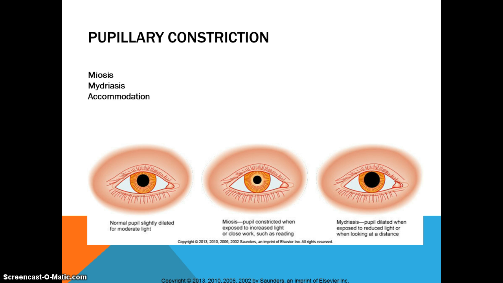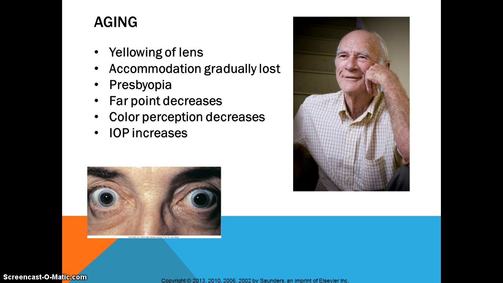Pupillary constriction is called miosis, and pupillary dilation is called mydriasis. Drugs can alter pupillary constriction. Now we remember that accommodation allows healthy eyes to focus images on the retina regardless if the image is close or far away by changing the curve of the lens.